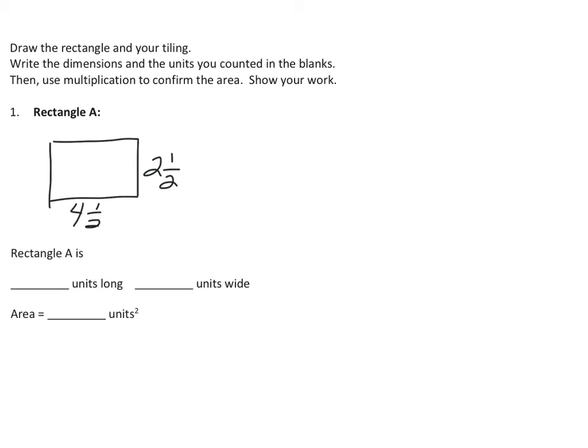Now I'm going to prove that the area of this rectangle A is equal to 11 1/4 using the multiplication formula. Always start with A equals, so I know it's area, length times width. My length is 4 1/2.